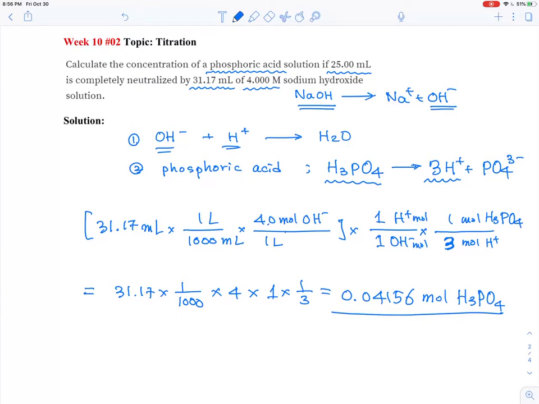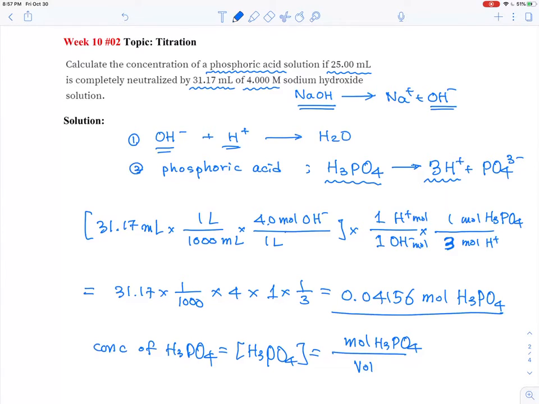And now the concentration of H3PO4 is the moles of H3PO4 divided by the volume of the solution.